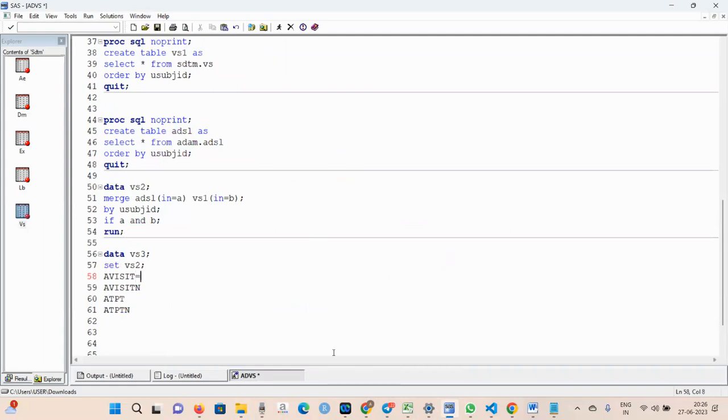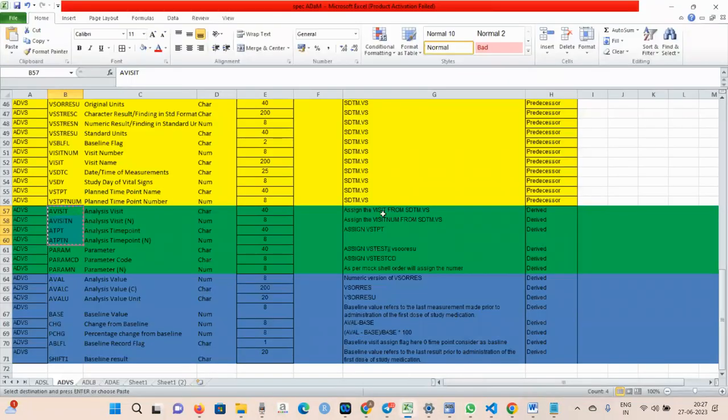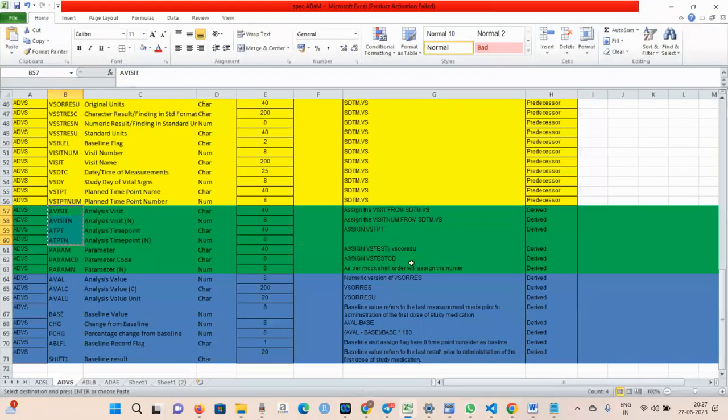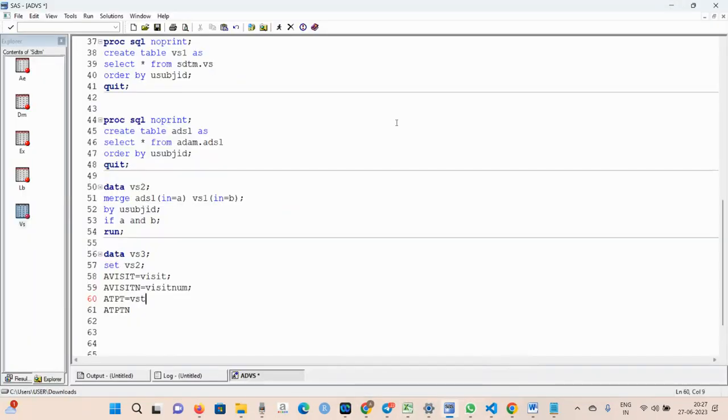So here we don't have anything, so I'm going to keep it directly as visit, because in the programming they have mentioned the visit from the SDTM, and this one is visit now. The analysis time point will be the same thing, assigned to the vital signs time point, VSTPT.